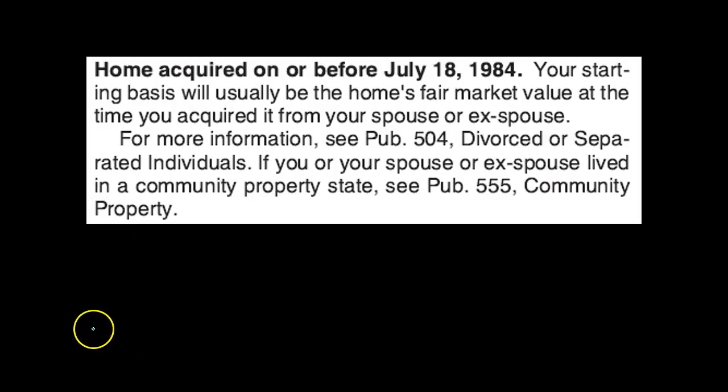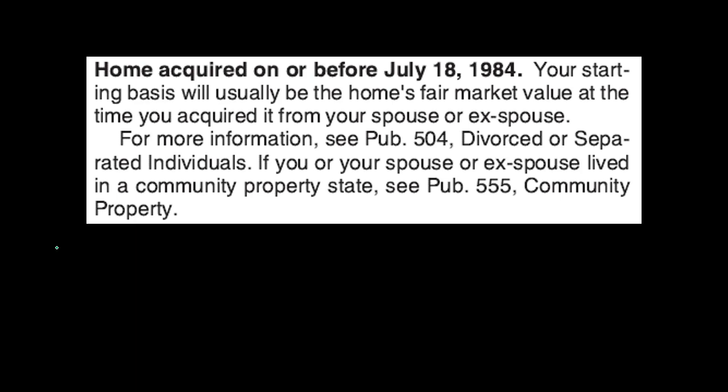Back to the text. Home acquired on or before July 18th, 1984. Your starting basis will usually be the home's fair market value at the time you acquired it from your spouse or ex-spouse. For more information here, you can see Publication 504, Divorced or Separated Individuals. If you or your spouse or ex-spouse lived in a community property state, you can see Publication 555, Community Property.